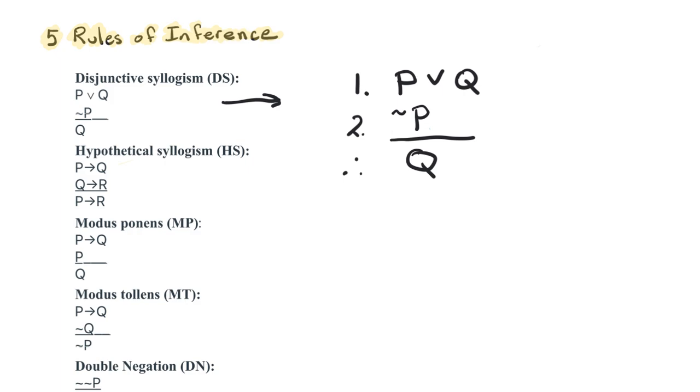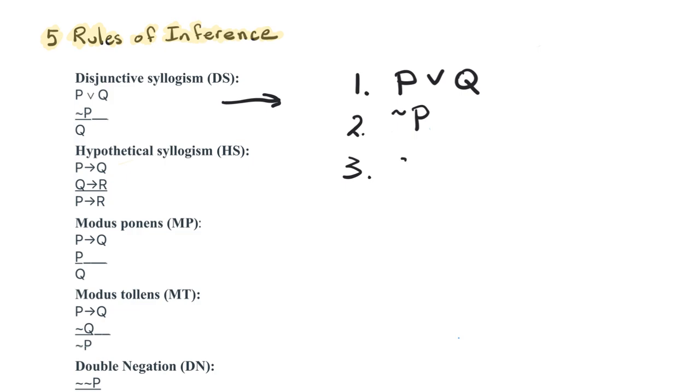What that means for our purposes for derivations is, let's say that you are given premise 1 and premise 2, and the question was, well, what can you derive from premise 1 and premise 2? That is, if premise 1 and premise 2 are true, what else do you know must be true?